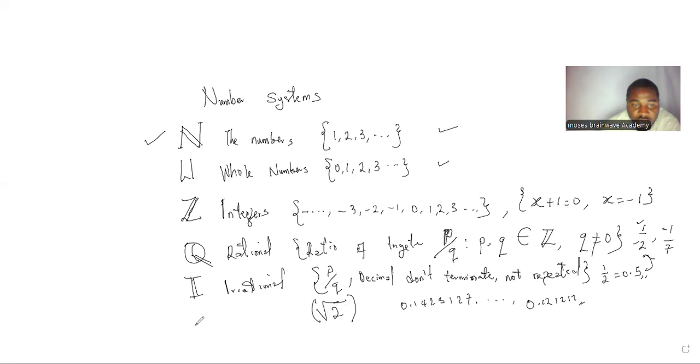Then we have two sets of numbers to go. We have the real numbers. The real numbers can be any number at all, so long as it's on the real plane. Irrational numbers are part of the real numbers. The rational numbers are real numbers.